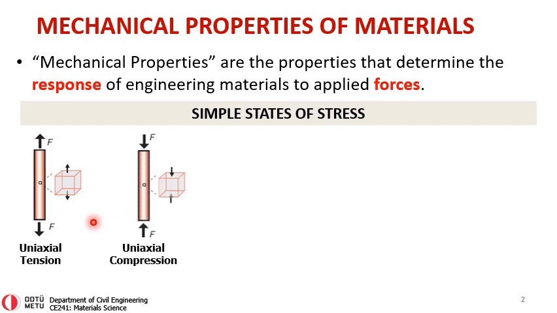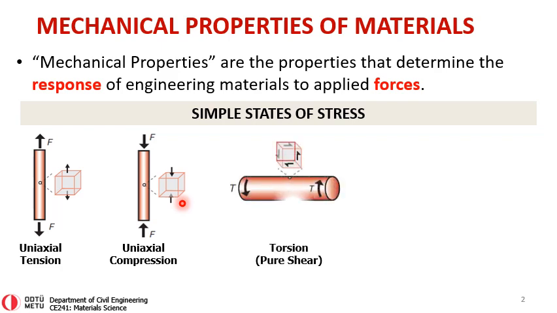Or for the same rod, if we apply a uniaxial compression, then the state of stress is said to be uniaxial compression. Or sometimes we apply what's called a torsion type of loading, and in that case we will be seeing a pure shear state of stress.